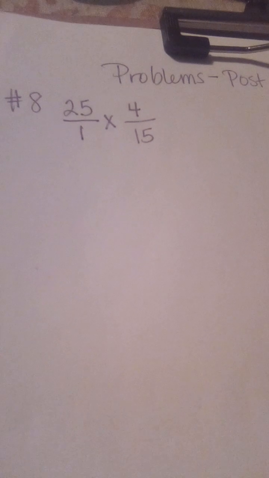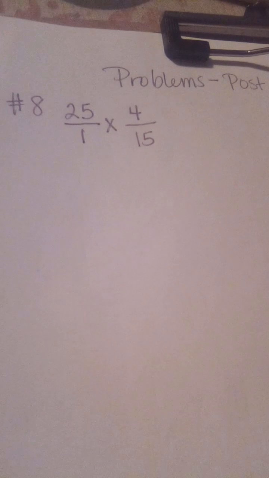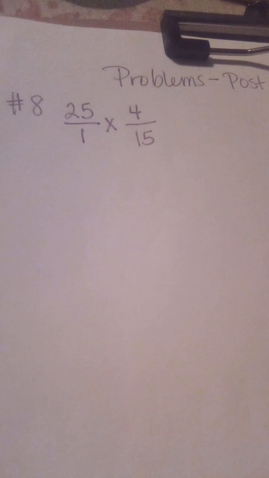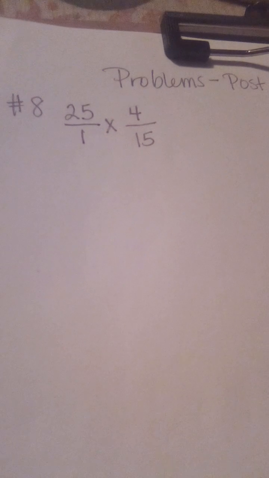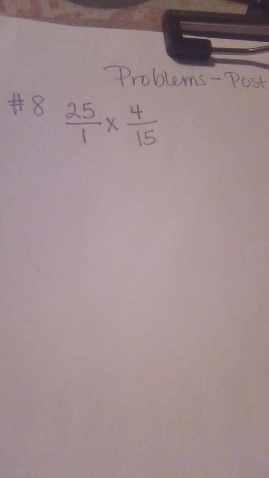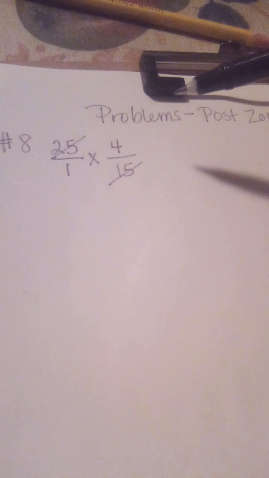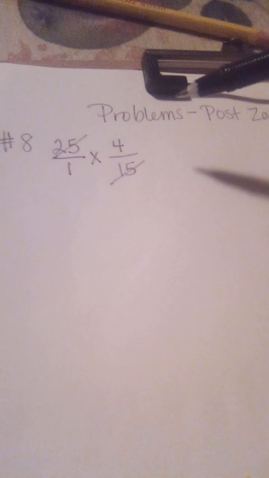Then ask yourself, are there any numbers that we could reduce right off the bat? Yes. Which numbers? 25 and 15. Very good. And which number do we use to divide to get these two numbers reduced?